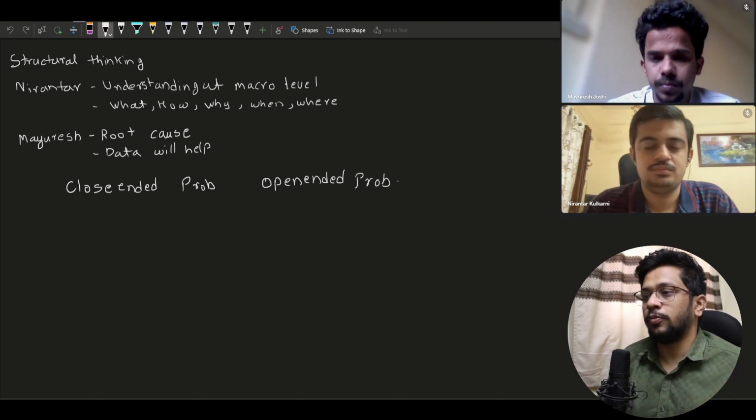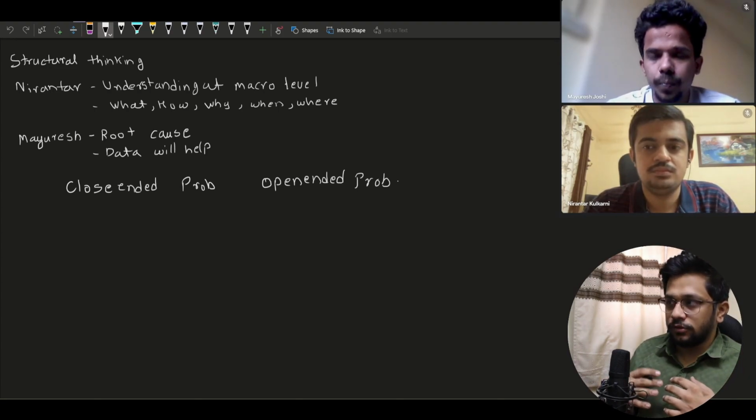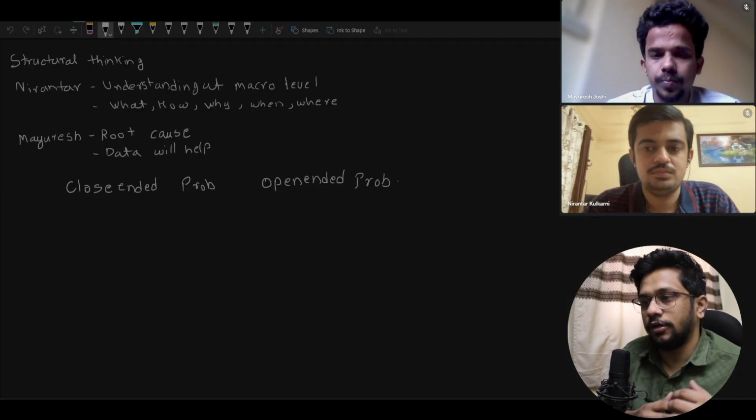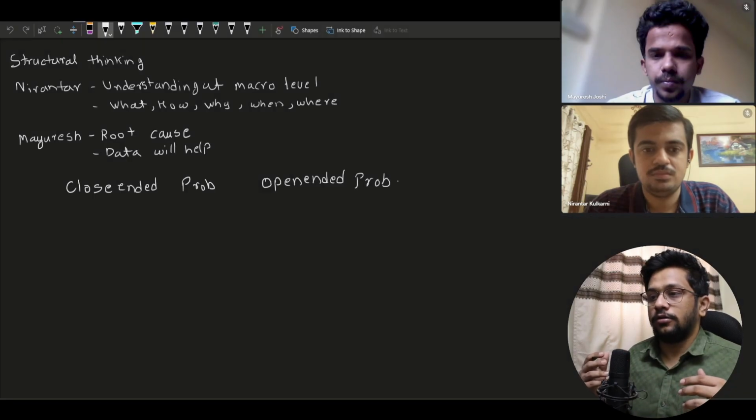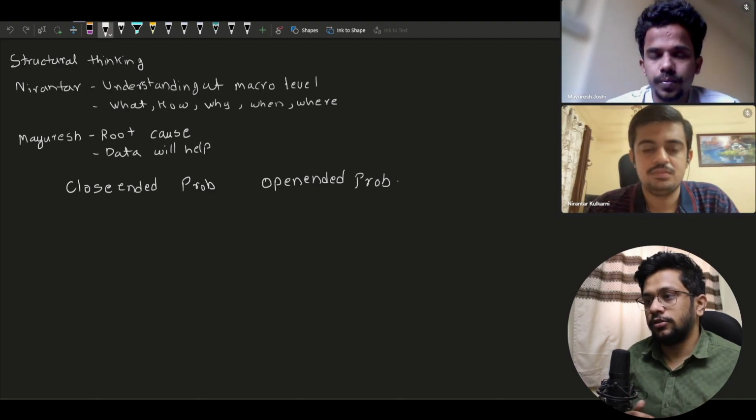That's an open-ended problem, where the analytics team or the leadership team has to figure out what is causing it and how they can solve it. So that's the difference between an open-ended problem and a close-ended problem.